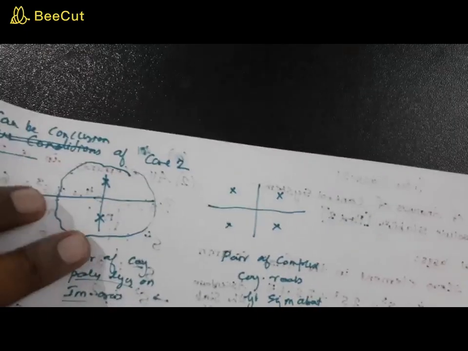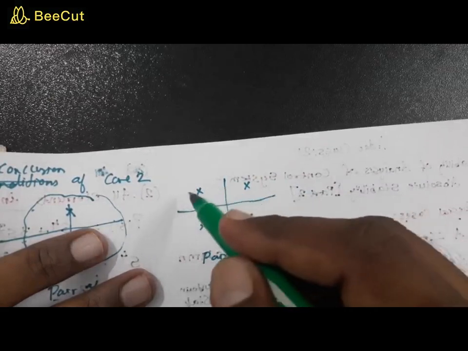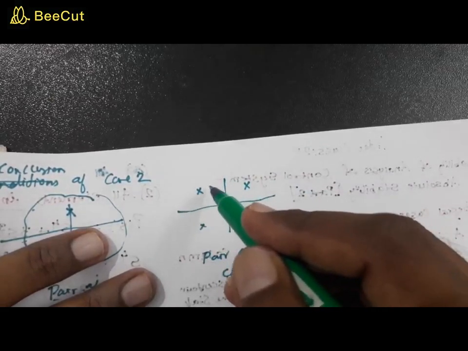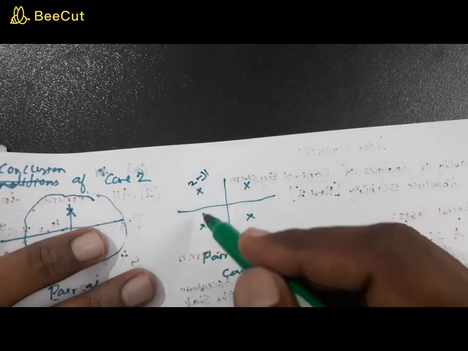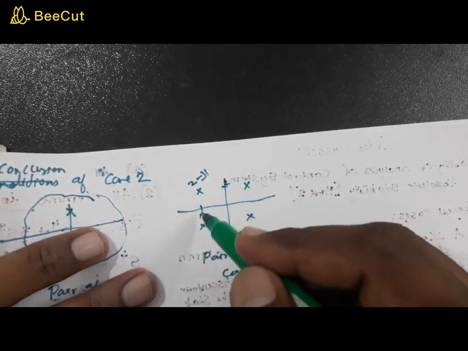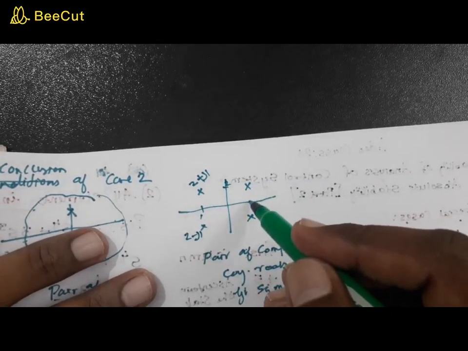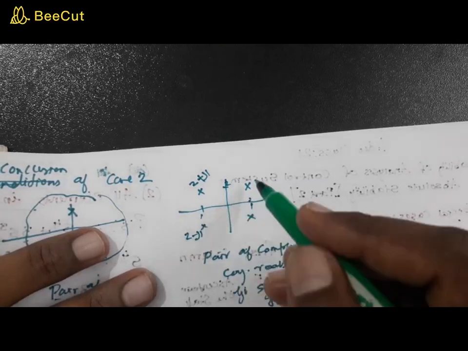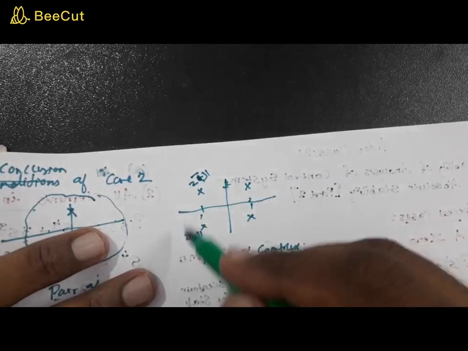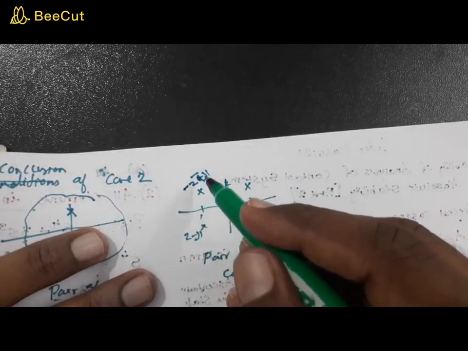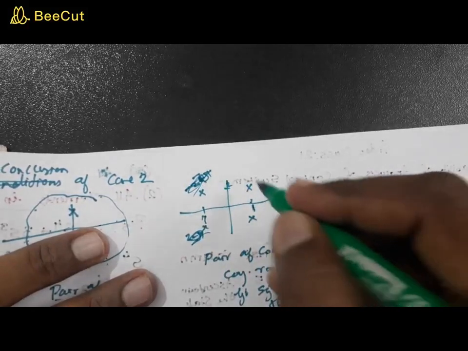Now another case can be a pair of complex conjugate roots. Imagine that the real part is 1 and the imaginary part is 2.